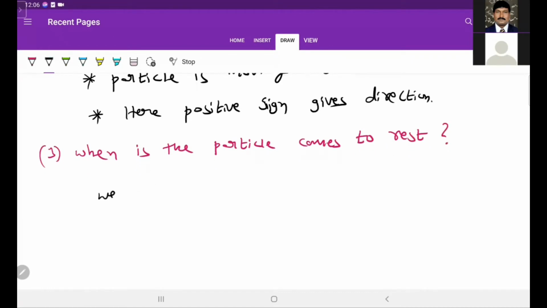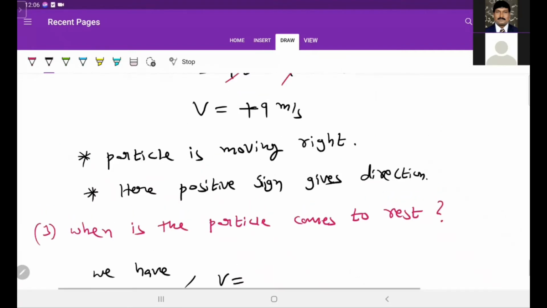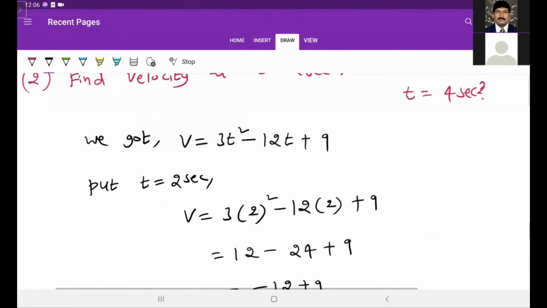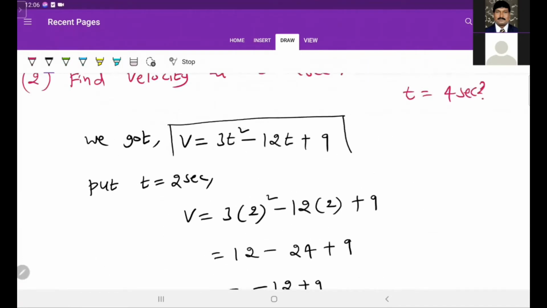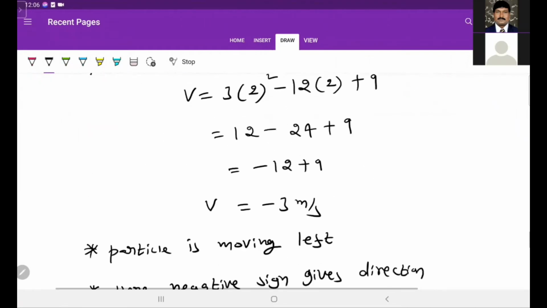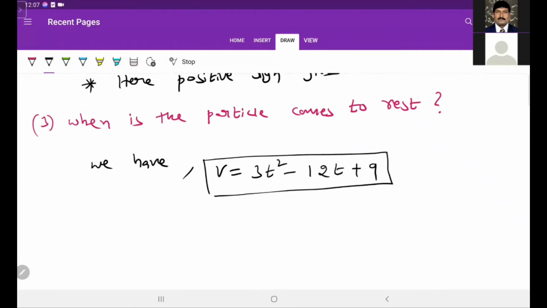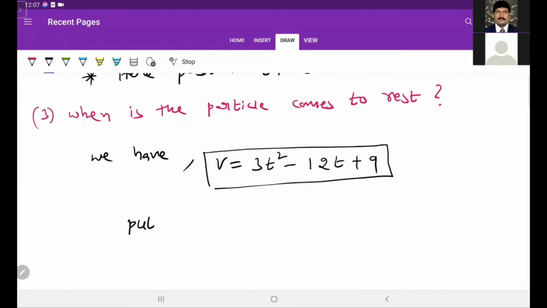We have the velocity equation, v is equal to 3t square minus 12t plus 9. Take the same equation once again. So when does the particle come to rest? Put velocity 0.